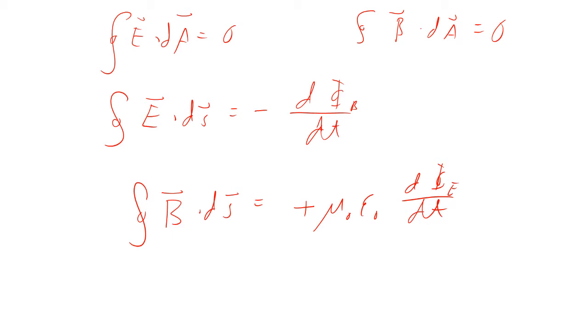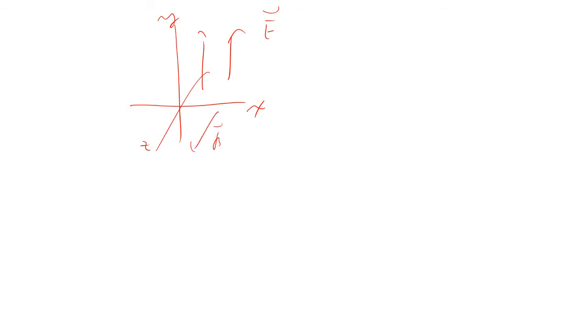We can imagine this in 3 dimensions: we have X, Y, and Z. Now look in the XY plane. Imagine that we've got an electric field like that, and a magnetic field this way.